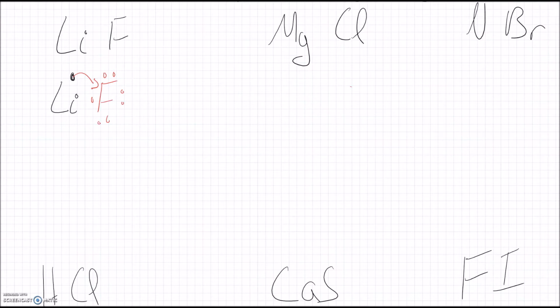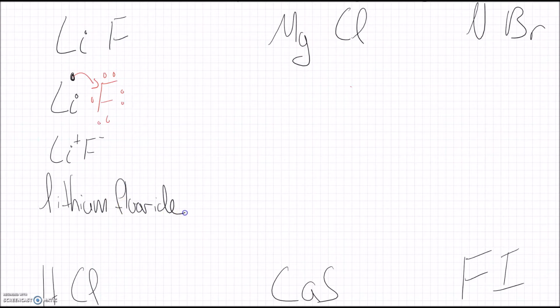It's going to be oxidized. And we'll have a formula of Li positive, F negative. There's one of each. For ionic bonds, we don't need our prefixes, so this is just lithium fluoride.